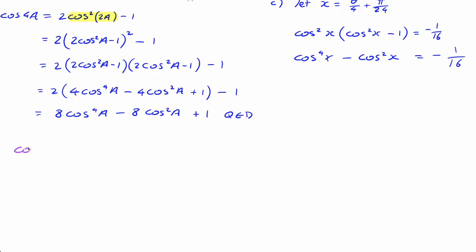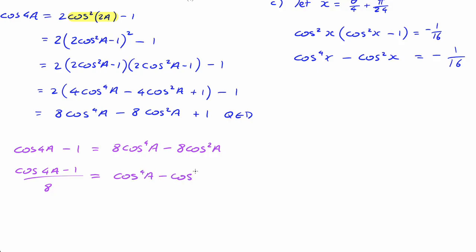So cos 4a minus 1 equals 8 cos to the 4a minus 8 cos squared a. I've just subtracted the 1 to the left. And then there's no 8 here, so let's divide by 8. So cos 4a minus 1 over 8 equals cos to the 4a minus cos squared a.